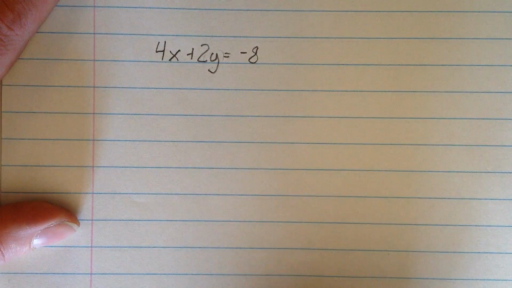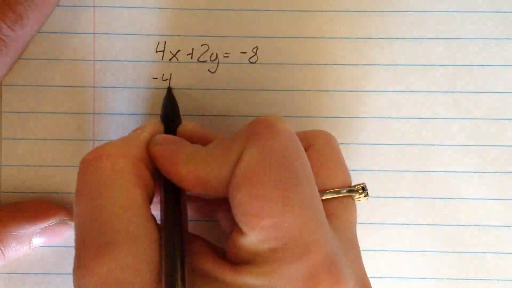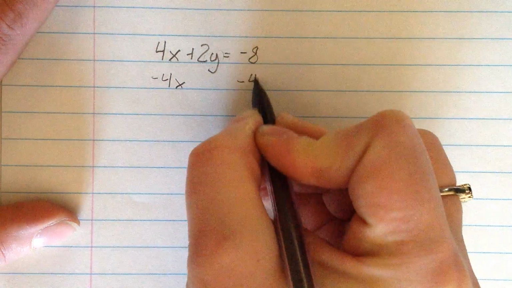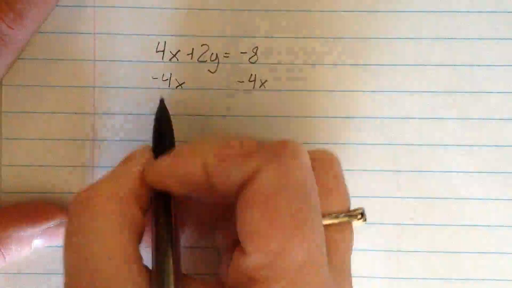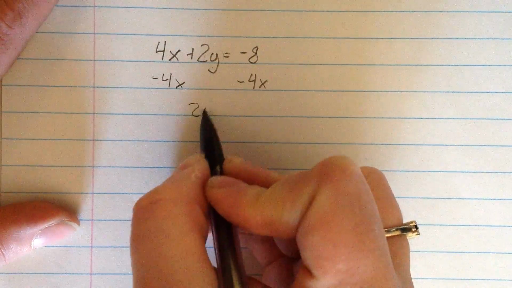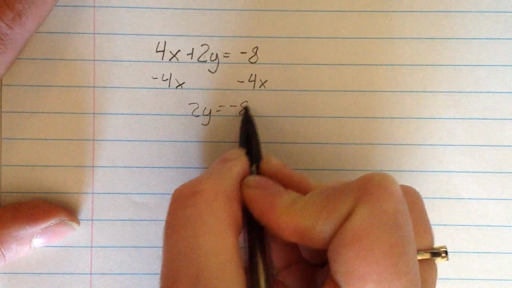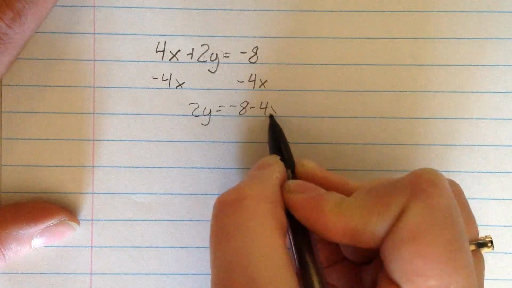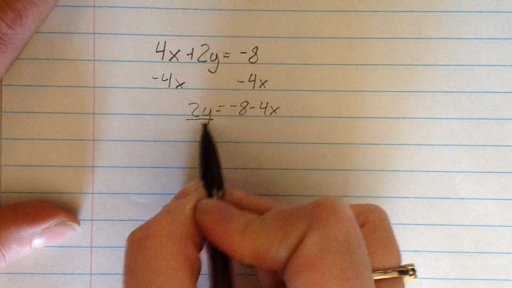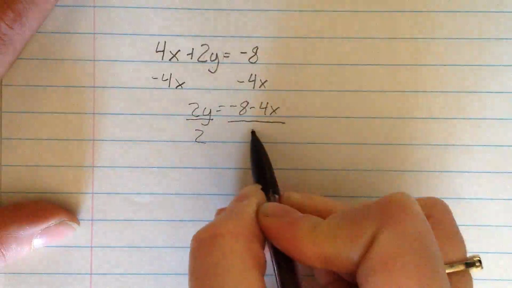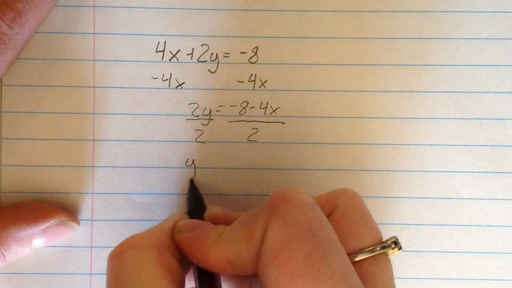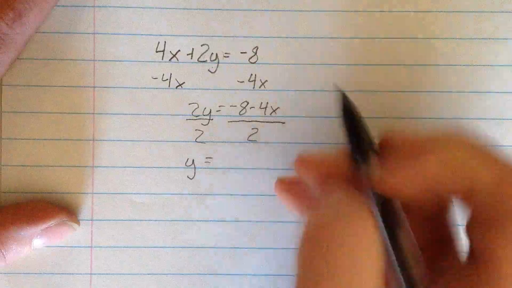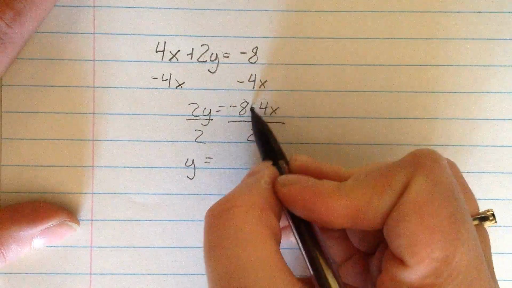The first thing I'm going to do is get rid of my 4x from both sides. And then I'm going to end up with 2y equals -8 minus 4x. Then I can divide both sides by 2. And I end up with y equals, and remember when we're dividing the whole side by 2, we have to divide this by 2 and this by 2.